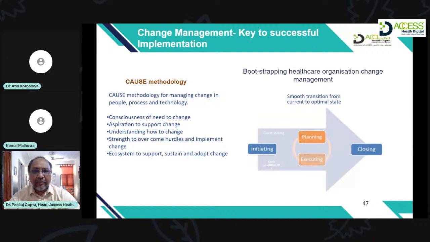To support it, the aspiration has to be there, that I will support the change which is coming in. And that can happen only when there is communication from the top. If the top management is communicating properly, I always say that there is nothing like over communicating, because communication is the key for making the consciousness and the aspiration happen.